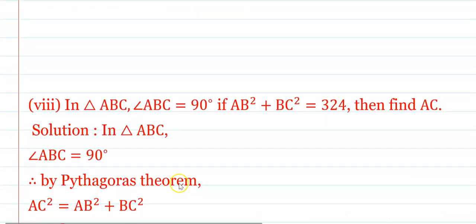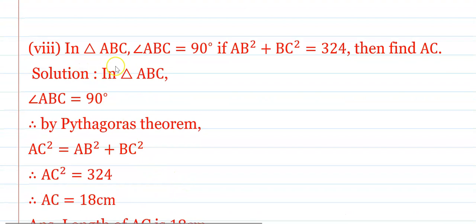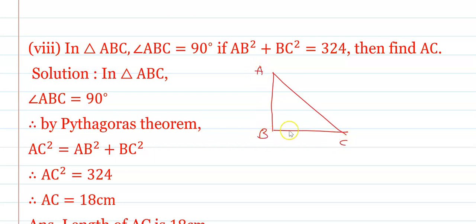Okay, now the next. In triangle ABC, angle ABC is 90 degrees. If AB square plus BC square is equal to 324, then find AC. If we draw the right angle triangle ABC, measure of angle B is 90 degrees.